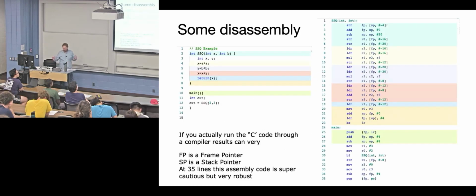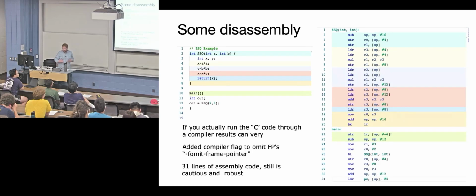And then when you're going through trying to look at your code, when we write code, we think of the minimalist amount of work in some ways. But this simple function turns into all this nonsense, right? Because the compiler is trying to be as safe as possible. It's trying to use frame pointers and stack pointers to ensure that there are no issues. So you can turn that stuff off by going to different compile options.